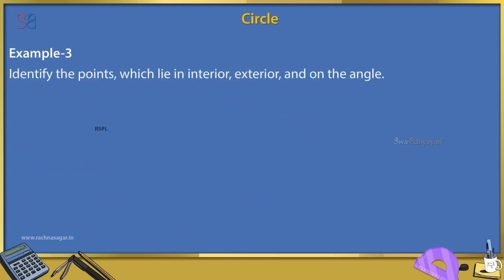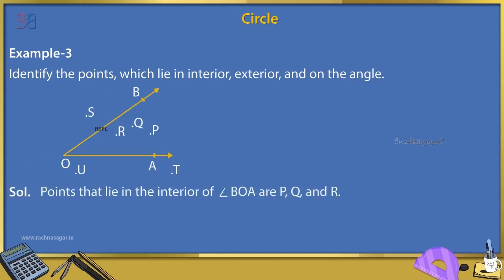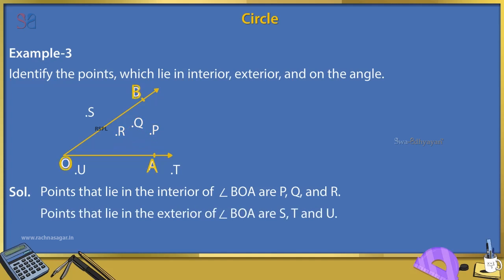Identify the points which lie in the interior, exterior and on the angle. Solution. Points that lie in the interior of angle BOA are P, Q and R. Points that lie in the exterior of angle BOA are S, T and U. Points that lie on the angle are A, O and B.